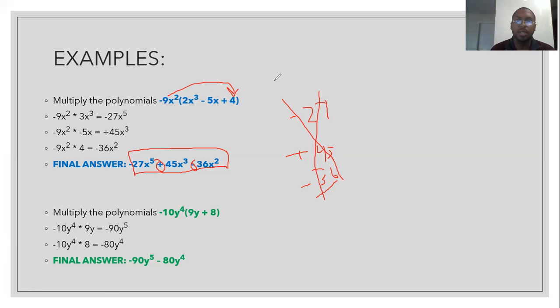Well, let's look at this thing. That's a 5, that's a 3, and that's a 2. Are those like terms or unlike terms? Those are unlike terms. I literally can't add them, and I can't subtract them.